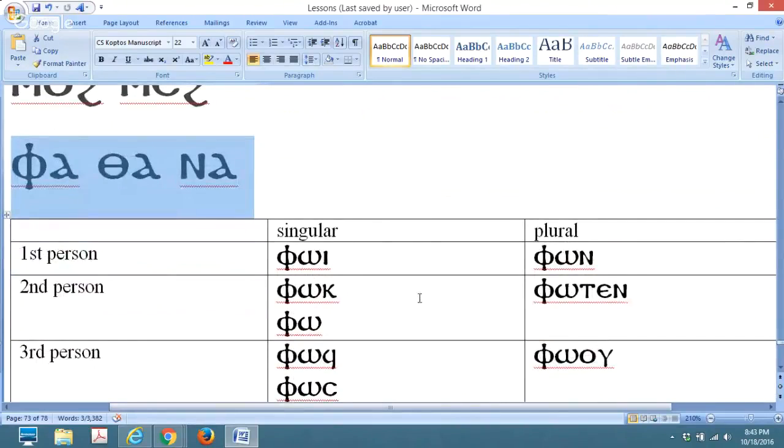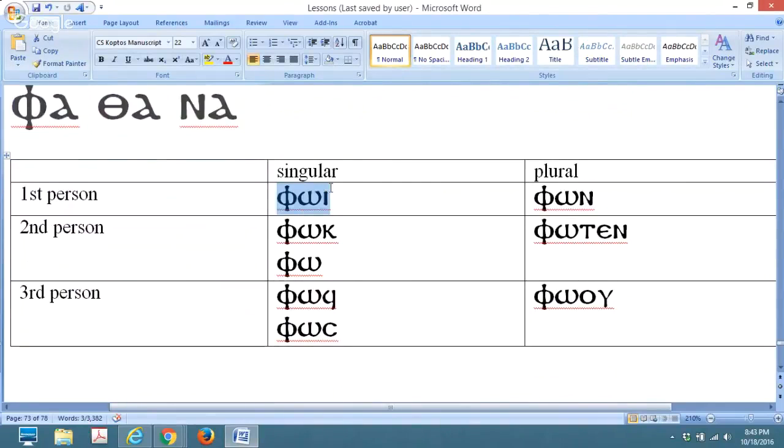I think hopefully I'm not mixing that up. I'm not getting confused, but I think it's called possessive pronouns. So foi, this is the singular masculine. So foi, fo, fos, fon, foten, fo. So belongs to me, belongs to you feminine, etc.